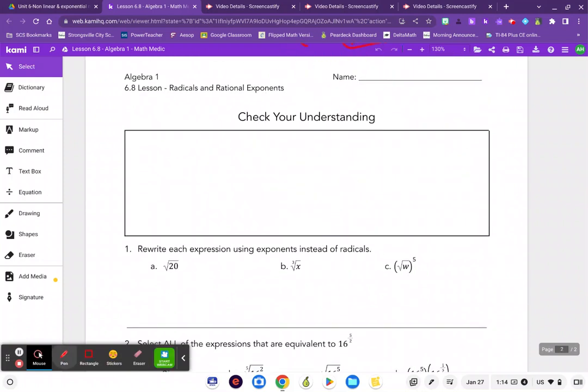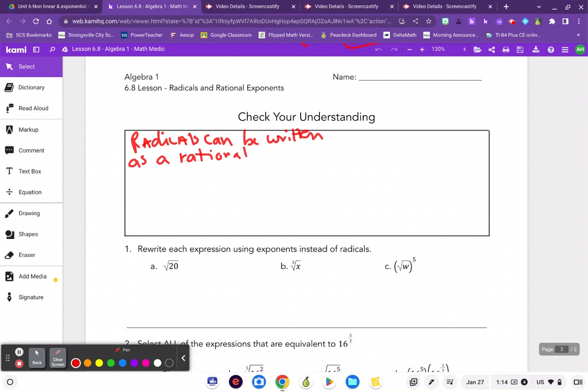All right. So some things that we need to get down in our notes here is that radicals can be written as a rational exponent. A radical is when we have a square root or a cube root. All right, so for example, if I have square root of x, that's the same as saying x to the 1/2.